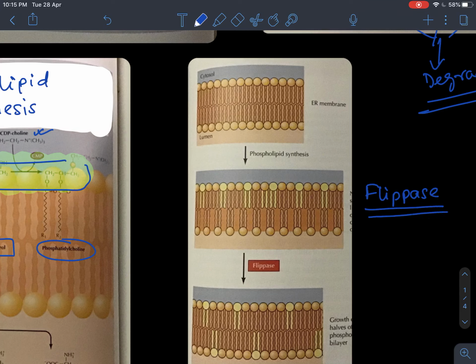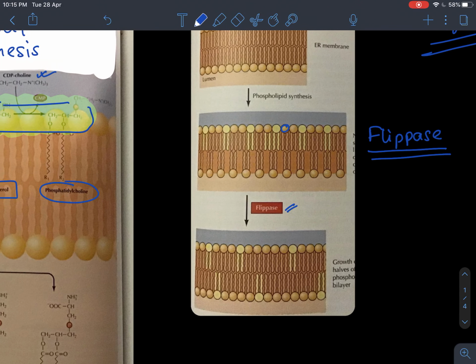What flippase does is, we have the phospholipid bilayer, and it will flip this phospholipid to the opposite side, so that there is an equilibrium of glycerol phospholipids on both sides of the endoplasmic reticulum membrane basically.